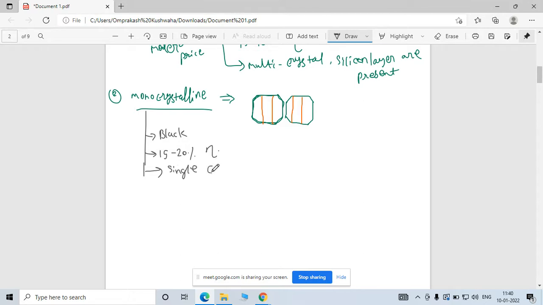The size is small, or you can say small space required, and the cost is very high.